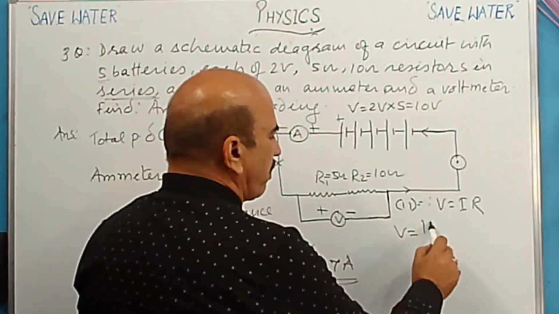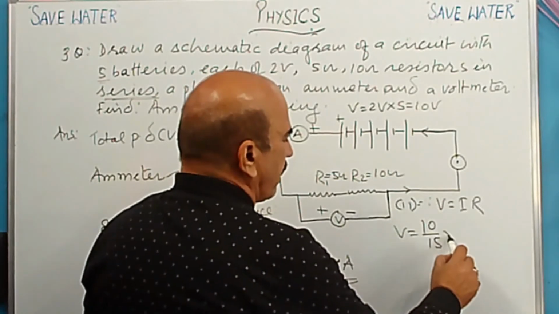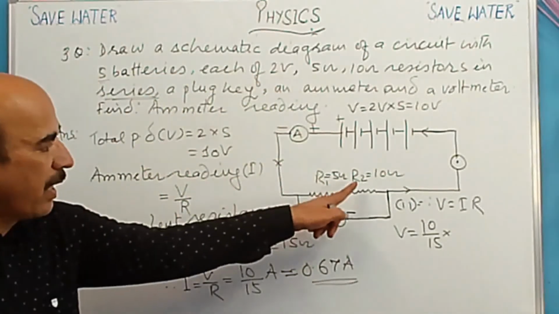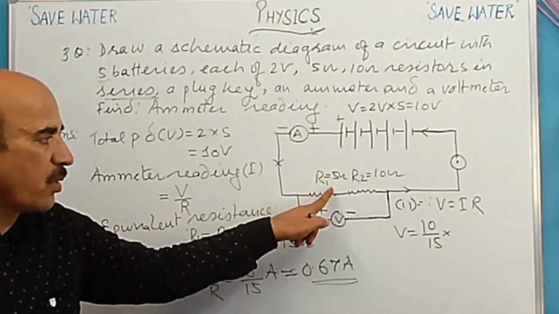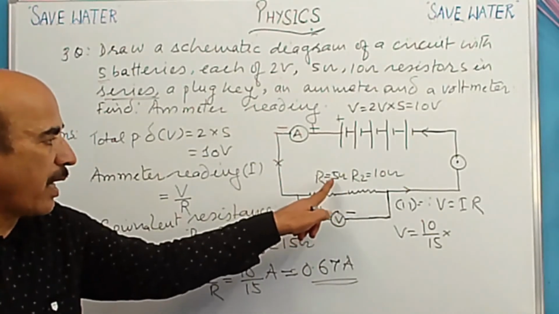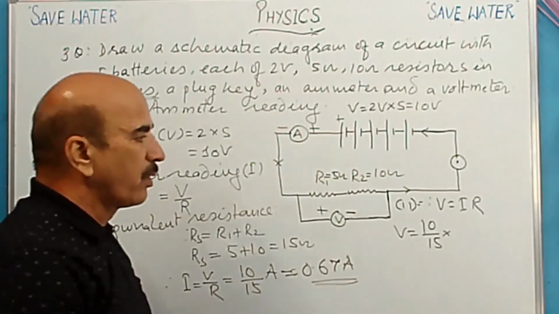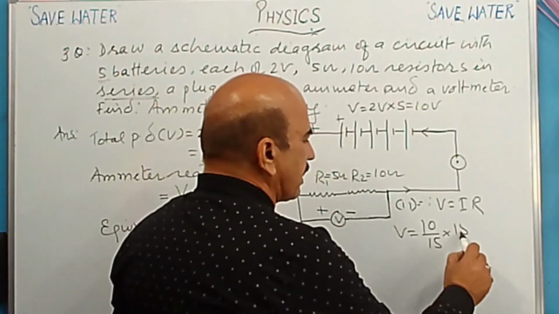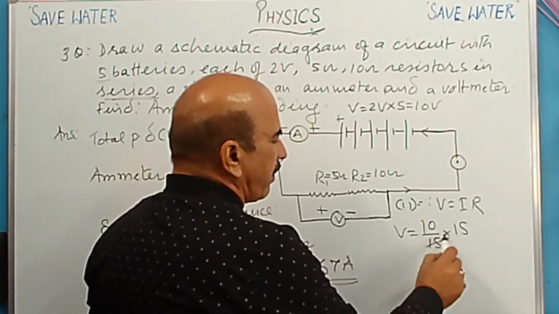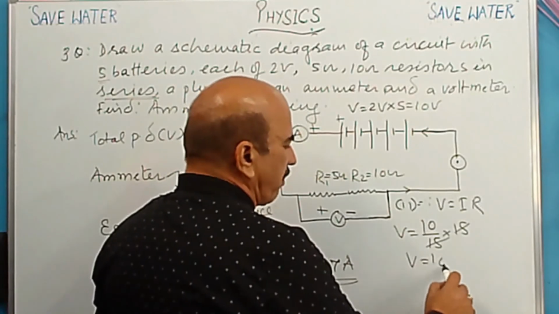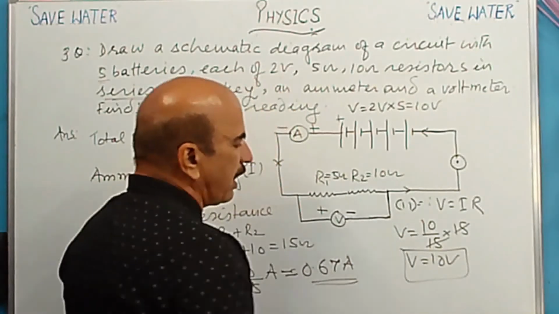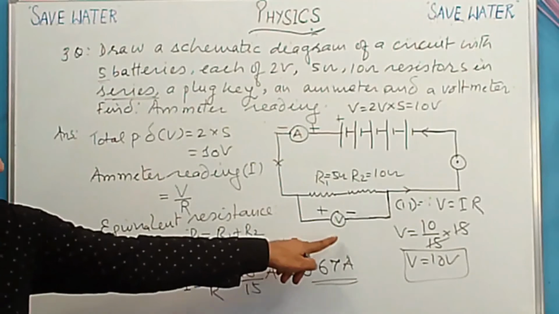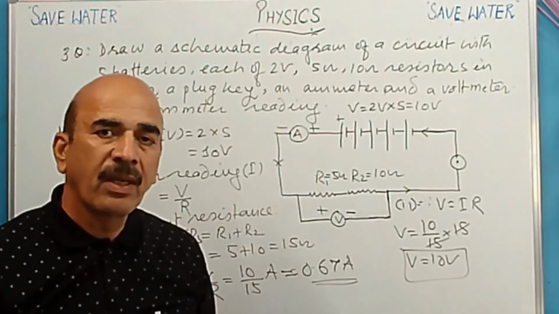So here we can write down 10 upon 15 into R1 and R2. These two are in series. So इनका equivalent resistance कितना हो जाएगा? 10 plus 5, 15. तो यहां पर हम लिखेंगे equivalent resistance is 15 and here 15, 15 cancel and what do we get? 10 volt. So here potential difference or we can say voltmeter reading कितना आ गया हमारा? 10 volt आ गया. Okay?